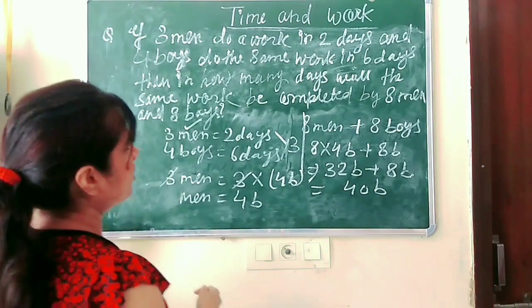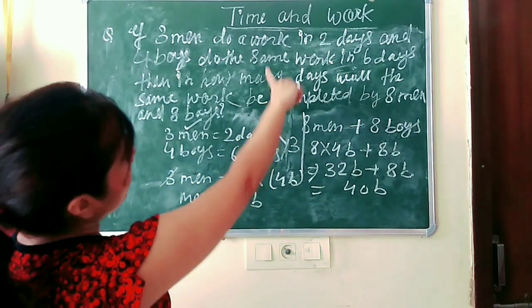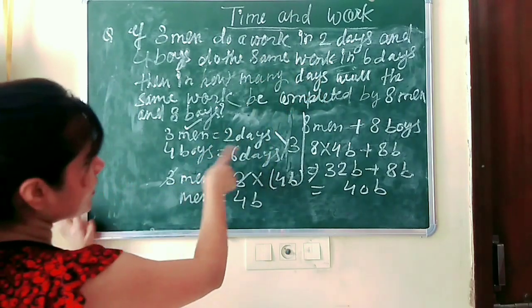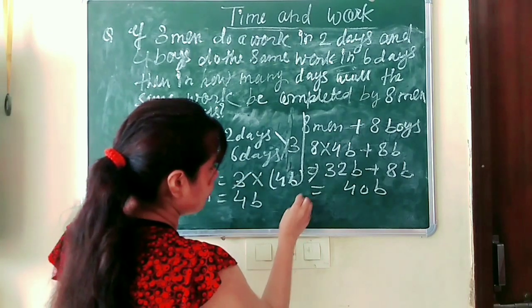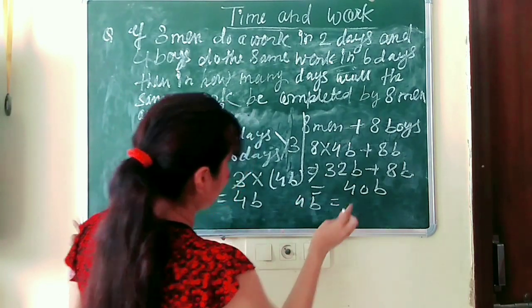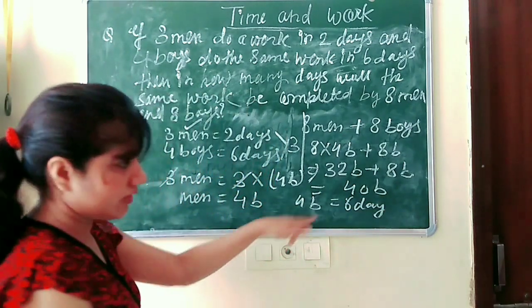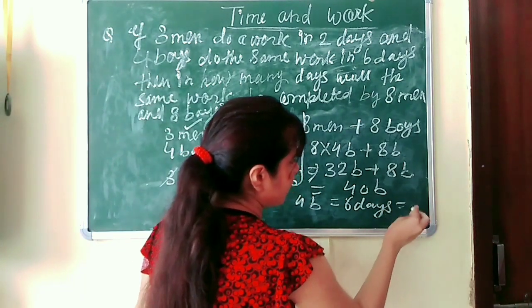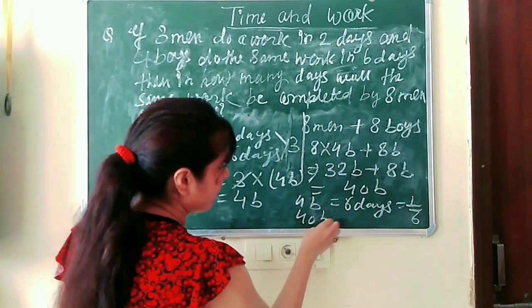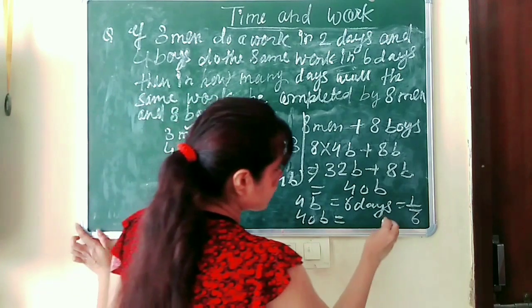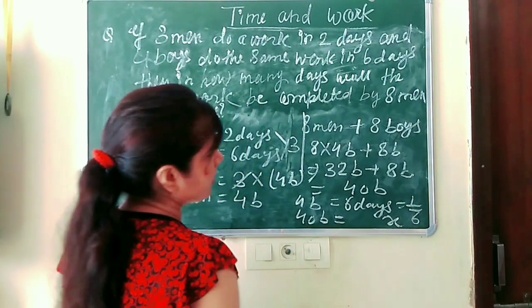Now here it is given that 4 boys complete the work in 6 days. So 4 boys equal to 6 days, and we convert it into amount of work, that will be 1 by 6. So 40 boys will take, we are assuming again, x.